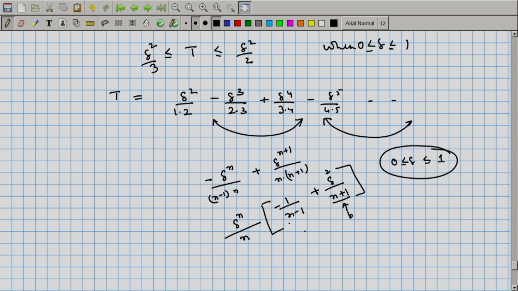If you call this as b and this as a, it is minus a plus b. So, okay, if you call this entire thing as a, then a plus b is going to be less than 0, because 1 is greater than delta, and n minus 1 is smaller than n plus 1.